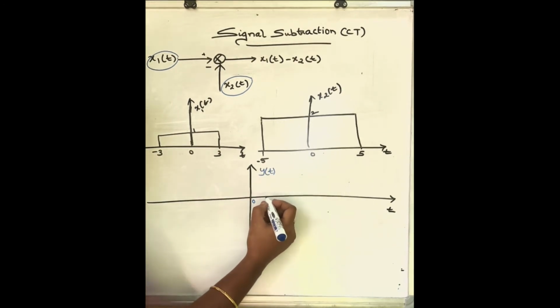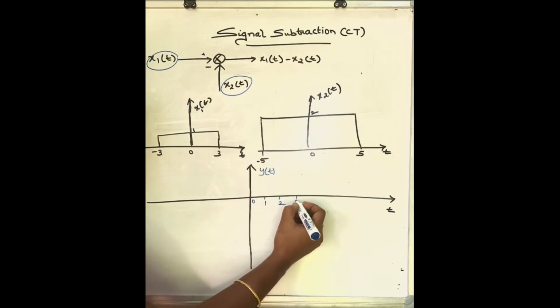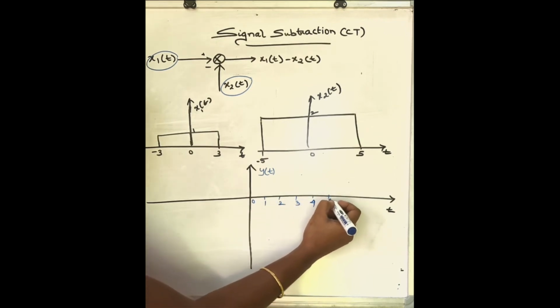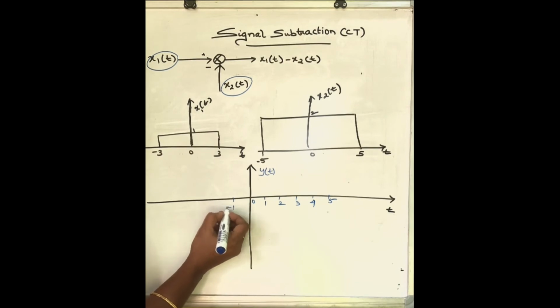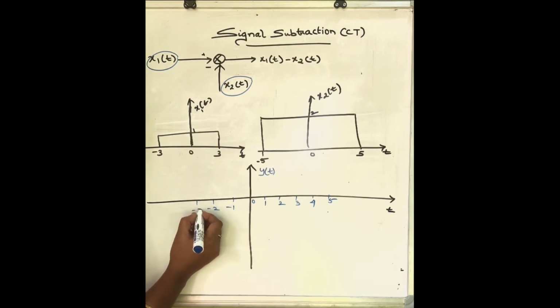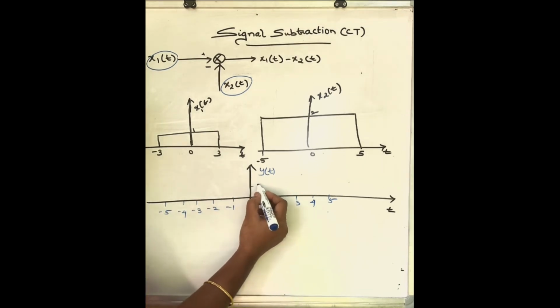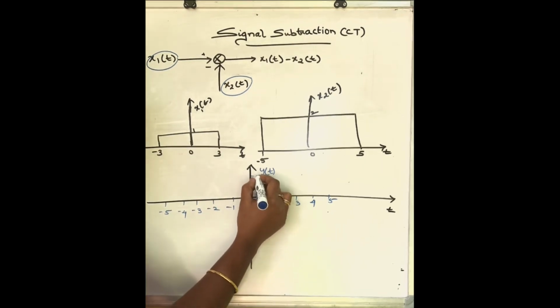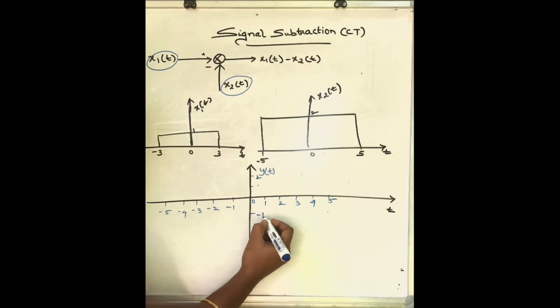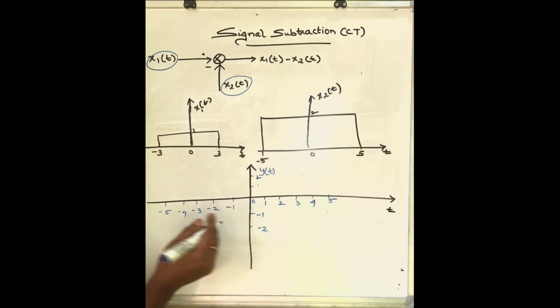So 0, 1, 2, 3, 4, 5, -1, -2, -3, -4, -5.